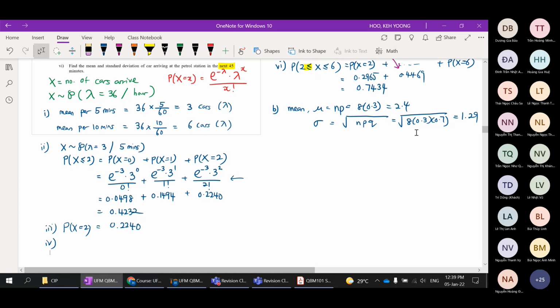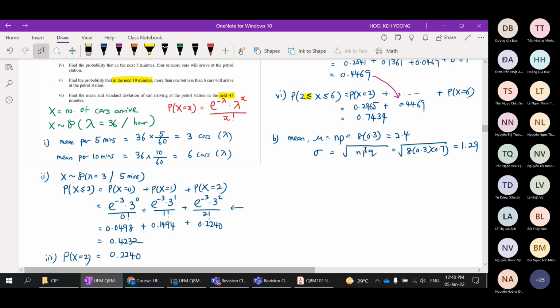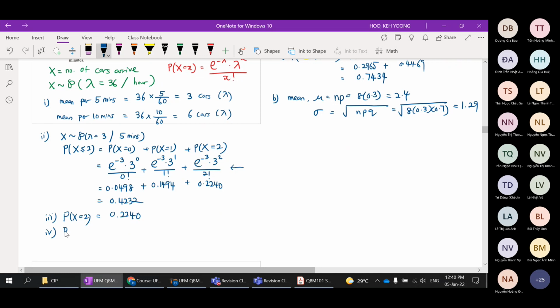Question 4. In the next 5 minutes, 4 or more cars will arrive at the petrol station. So 4 or more means more than or equal to 4. Please take note that in Poisson distributions, there is no limit for the x value.